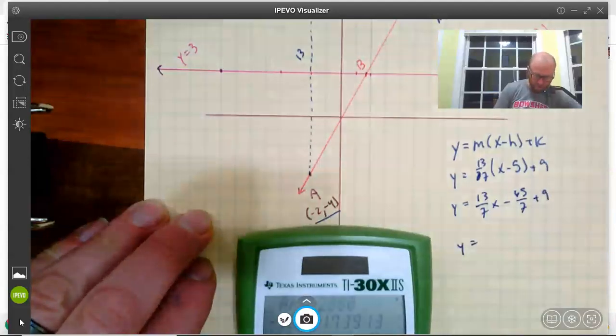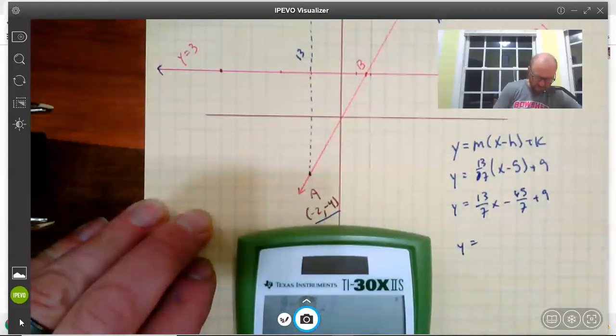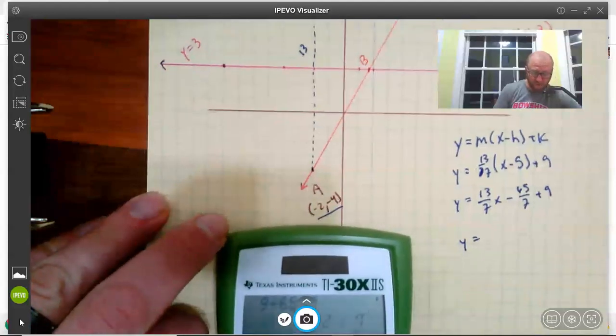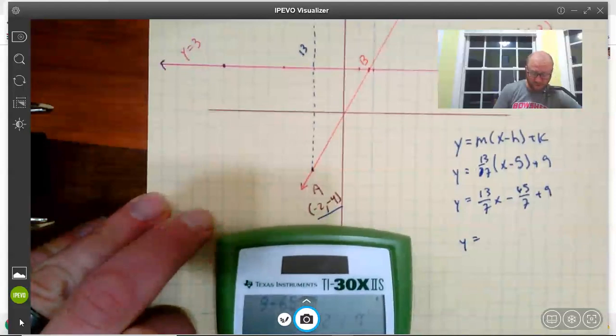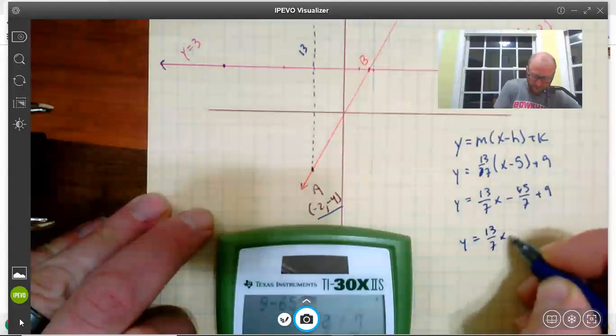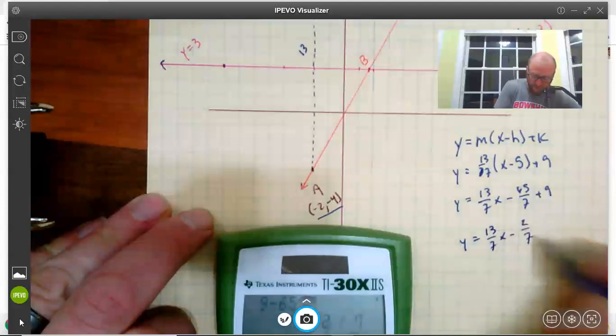So what is 9 minus 65/7? That's negative 2/7. So that's y equals 13/7 x minus 2/7.